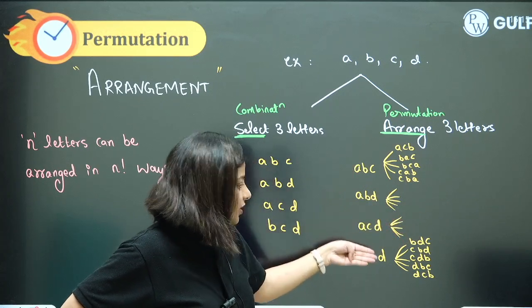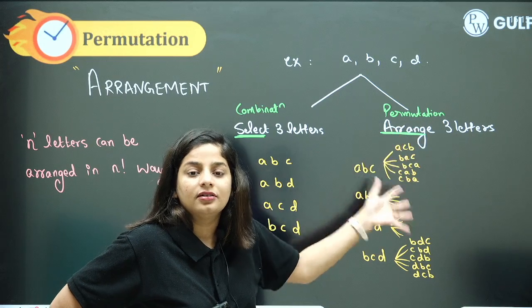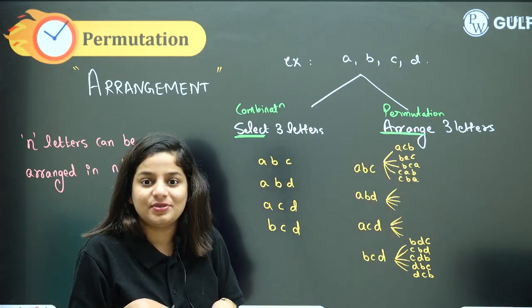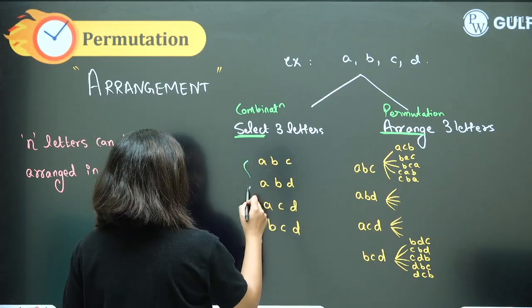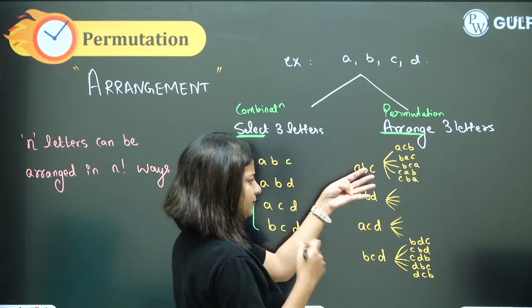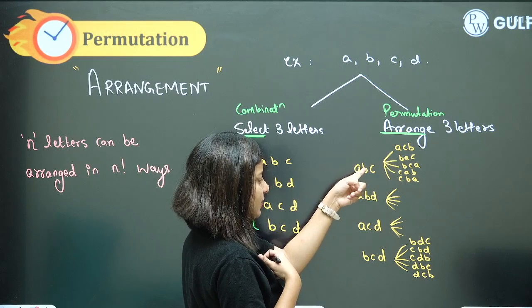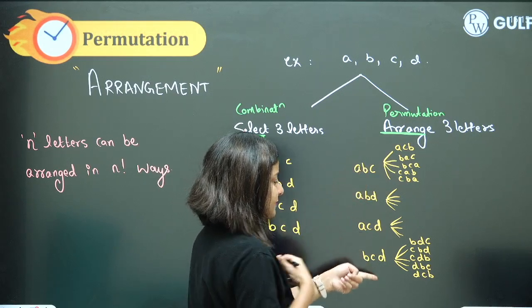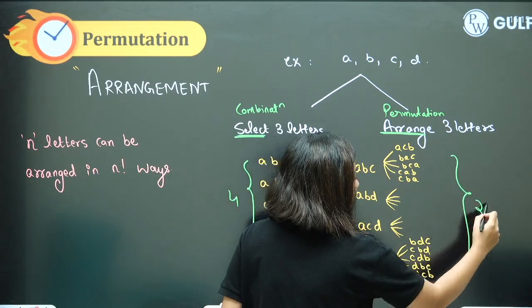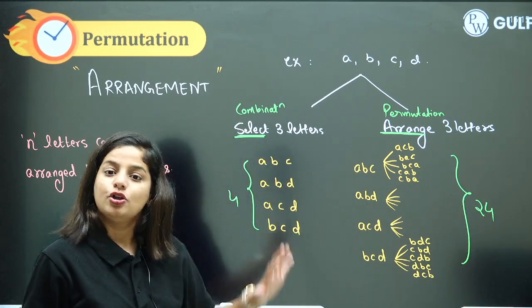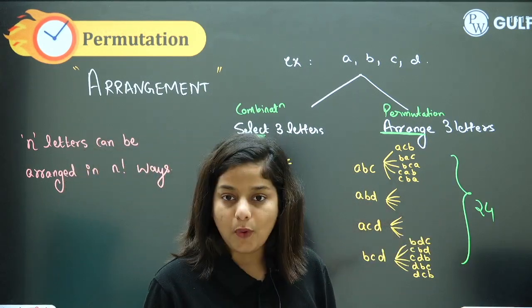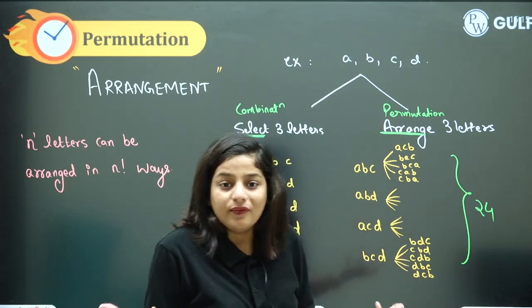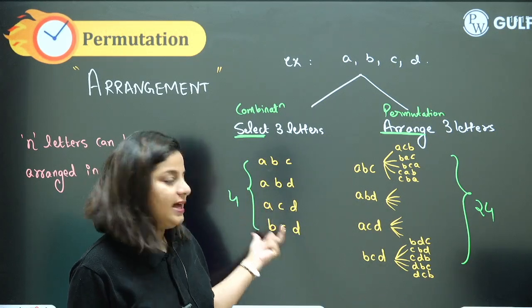So each selection is further arranged amongst themselves, and that is what I mean by permutation. So here a total of 4 ways I am getting, whereas here, 6 plus 6 plus 6 plus 6, a total of 24 ways I am getting. So selection will always be less, arrangement will always be more, isn't it? Obvious, of course.